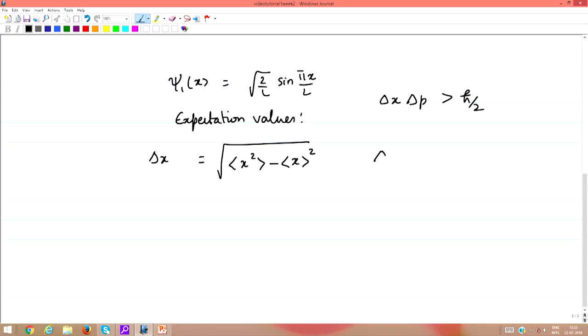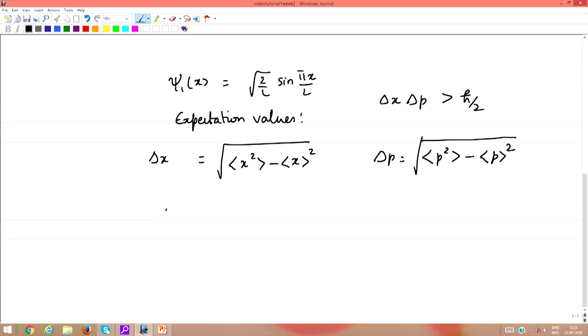And delta p likewise is given by the square root of the average of the square of momentum and the square of the average of the momentum. Okay.